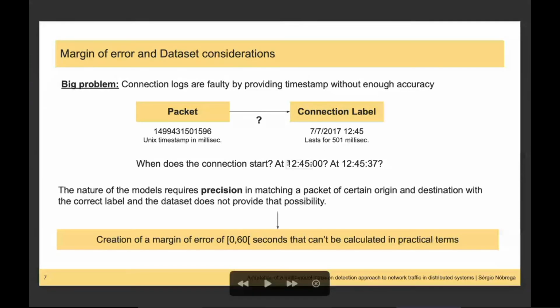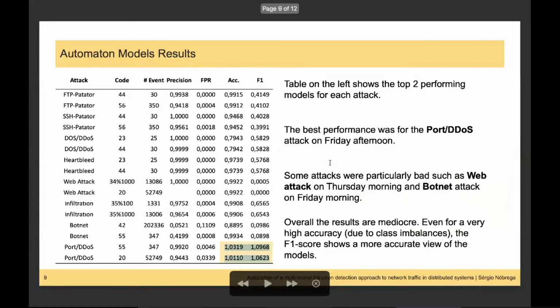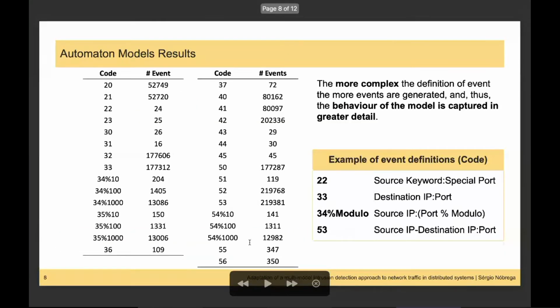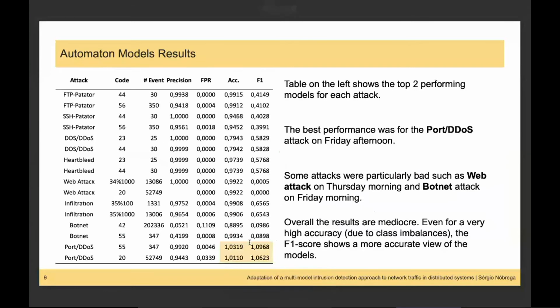So we are considering that it starts at 12:44:00:00. And actually for these results, we are still considering a period. So we added a period to the duration of the connection, that is 59.99 seconds, in order to capture a window that we can make sure contains all the labels, all the connections.